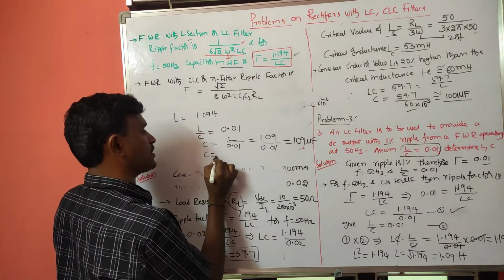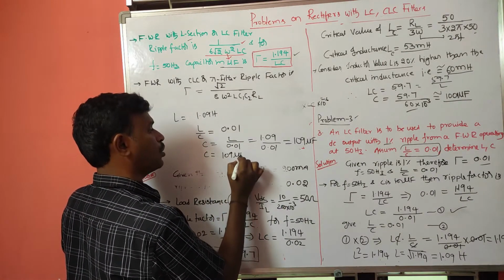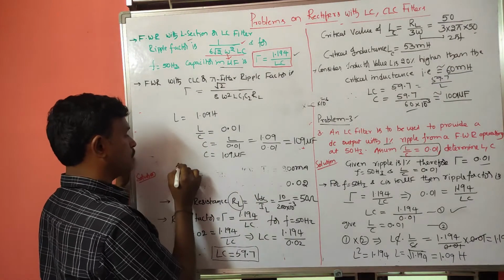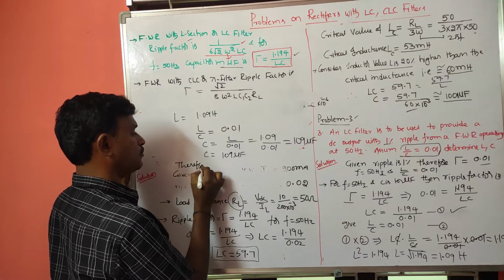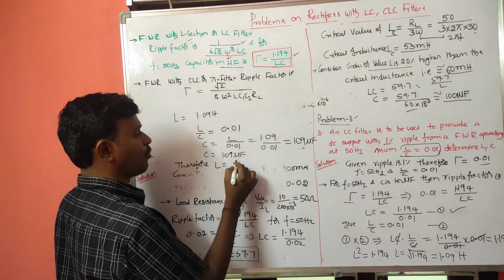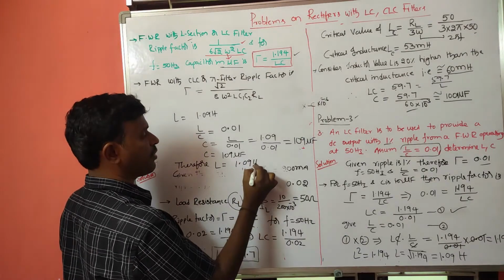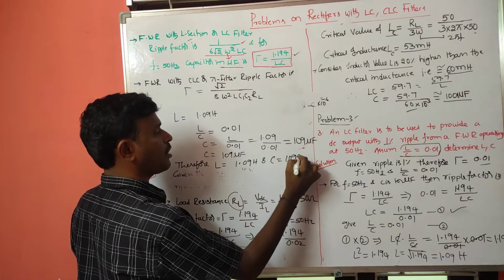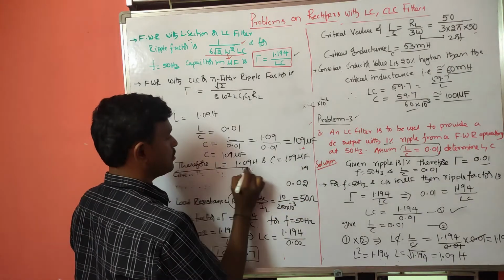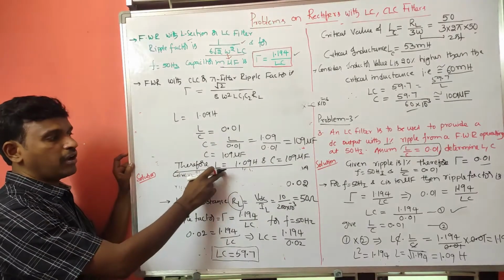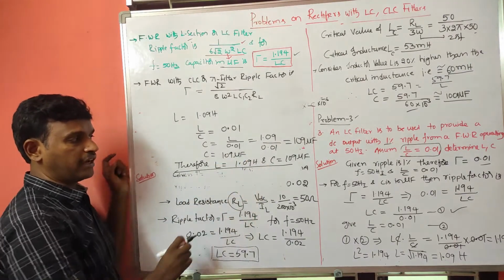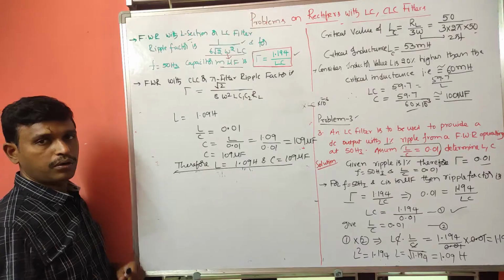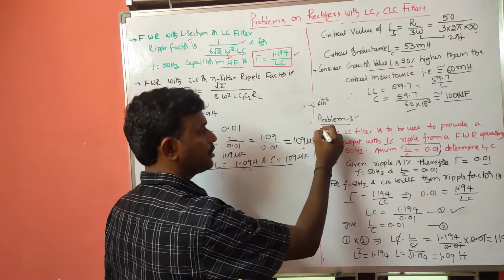Therefore C is equal to 109 microfarads. Therefore L is equal to 1.09 Henry and C is equal to 109 microfarad. So this is the L section filter that consists of L equal to 1.09 Henry and C equal to 109 microfarad, what we got. So this is problem number 3.